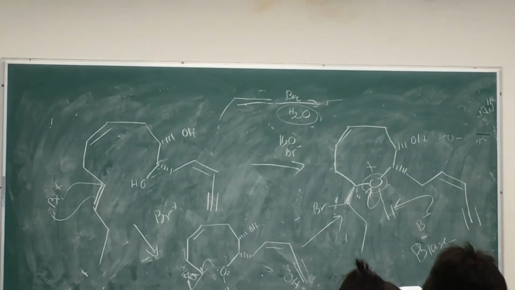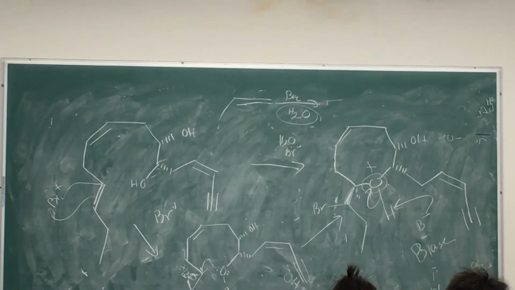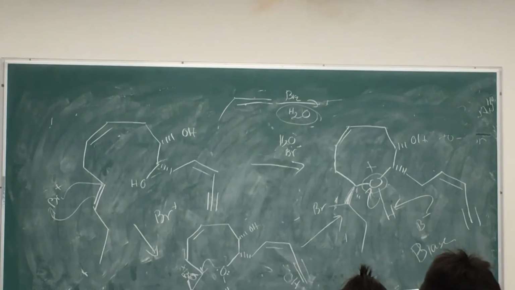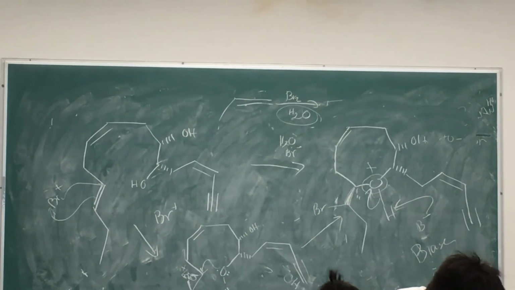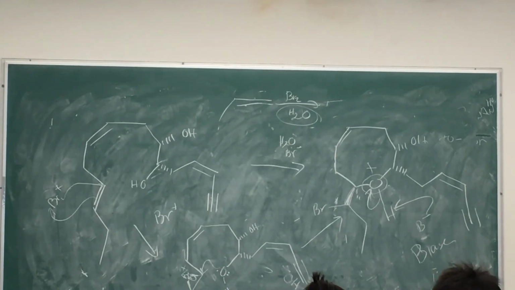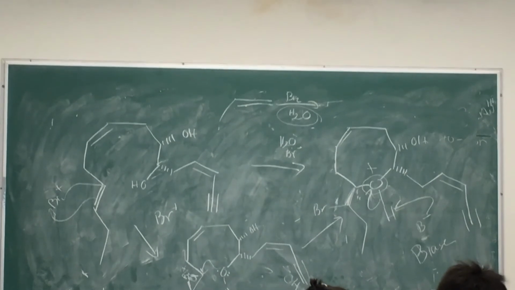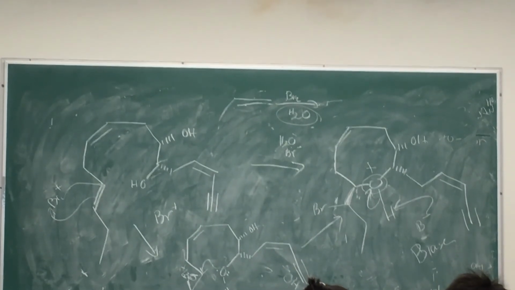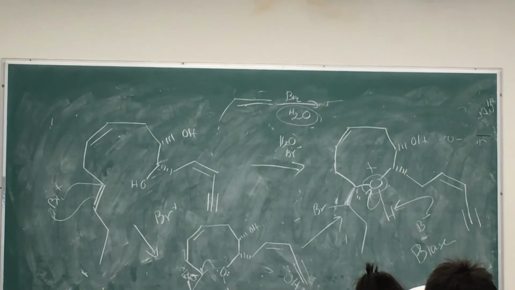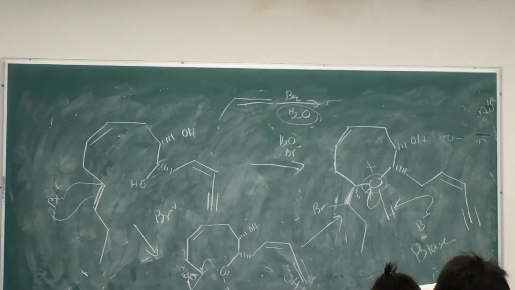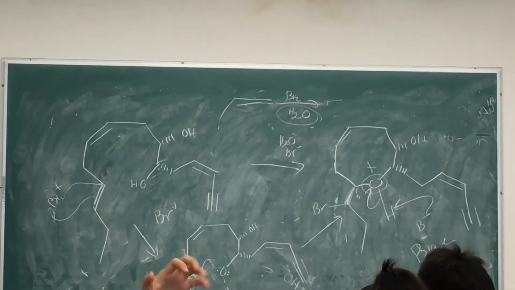But when this one is the front, you have a bromine, and this one is also actually at the back related to this one. So it needs to attack from the back. In order to attack from the back, the bromonium ion must form.